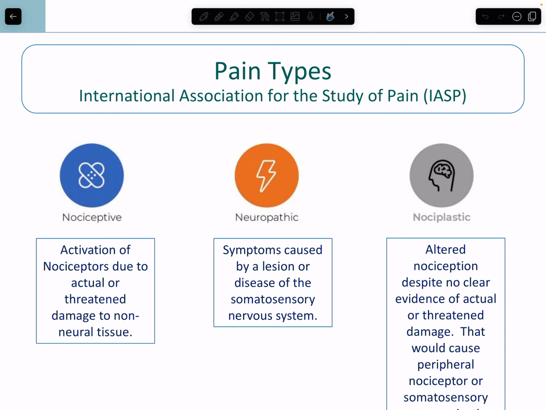But just so you have this in your mind, what is the difference between nociceptive, neuropathic, and nociplastic, which are the broad terminology that now exists that they came up with at the International Association of the Study of Pain. And that group has done a ton of amazing work around pain.